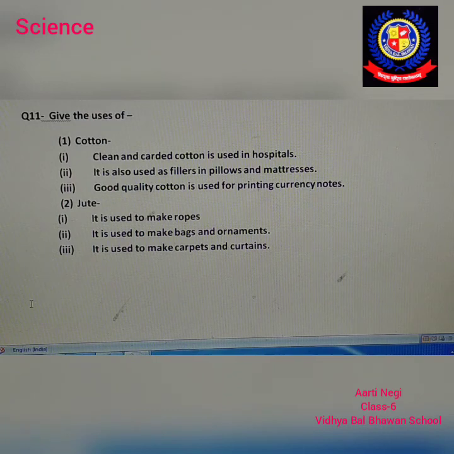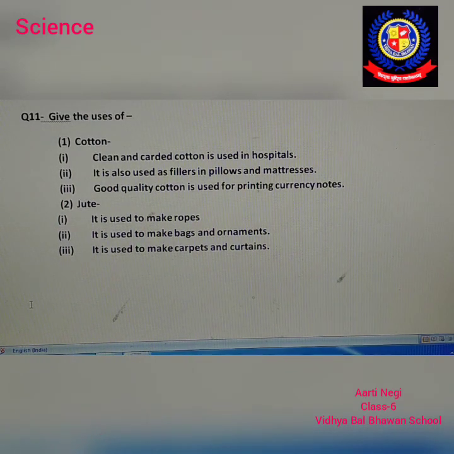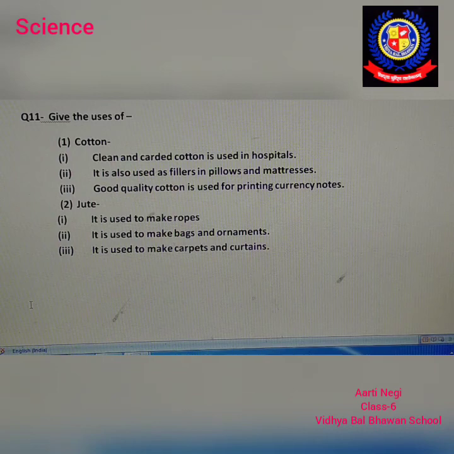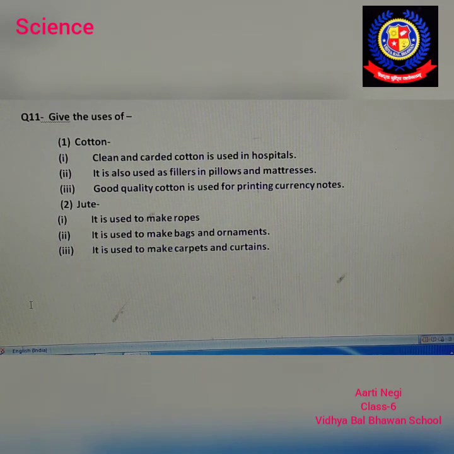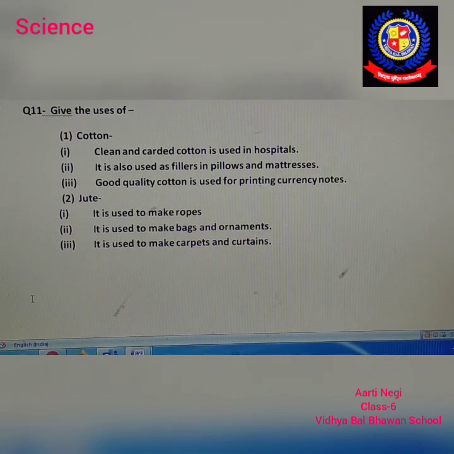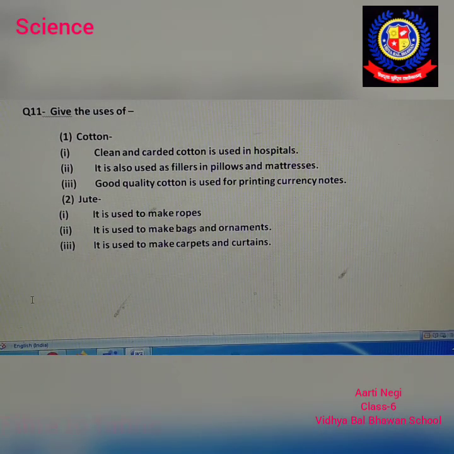And third, good quality cotton is used for printing currency notes or by the government for stamp paper. And you have to write down the uses of jute here. So jute is used for making ropes, bags and ornaments, and it is also used to make carpets and curtains.